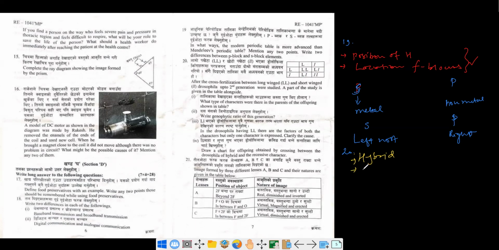So the gene of one member is fully a pure long wing, that is both of the alleles are L, and there are two hybrid alleles, and one is the short wing allele. That's why the ratio is 1:2:1. So in the Drosophila having LL, there are both factors of both characters, but only one character is expressed.